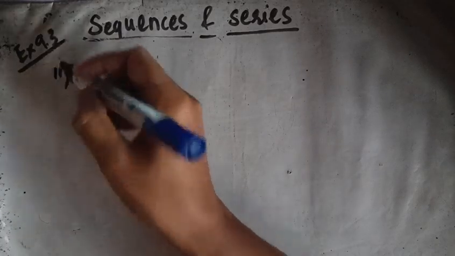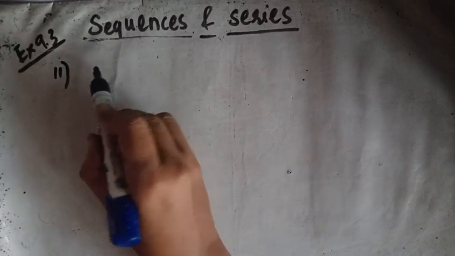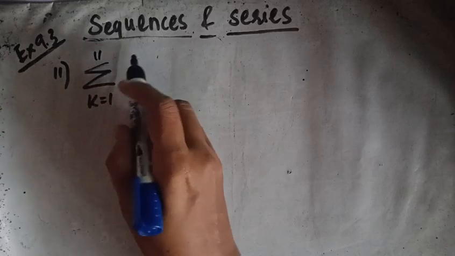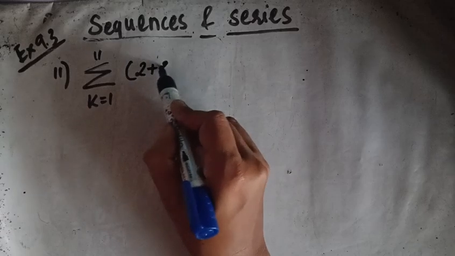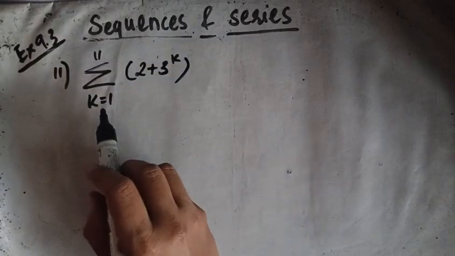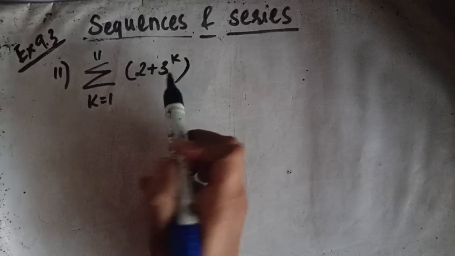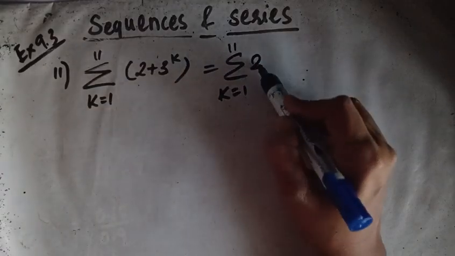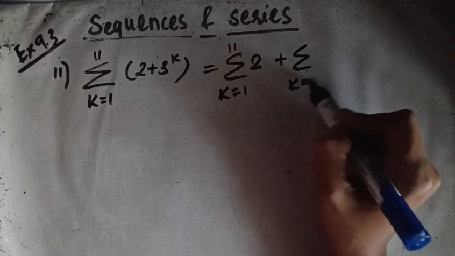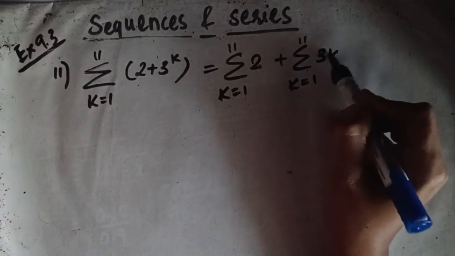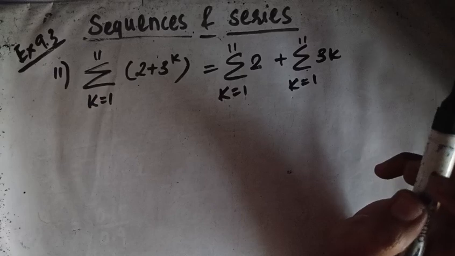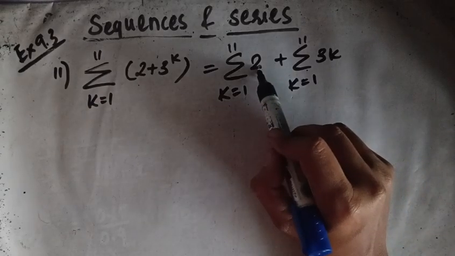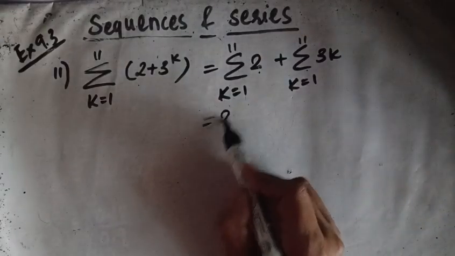Question 11. Here now it is given the series, summation k from 1 to 11 of 2 plus 3 raised to k. Okay. So we can write this as summation k from 1 to 11 of 2 plus summation k from 1 to 11 of 3 raised to k. So this 2 is added 11 times, so it will be 2 into 11.